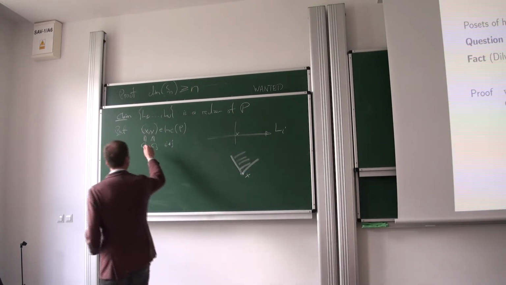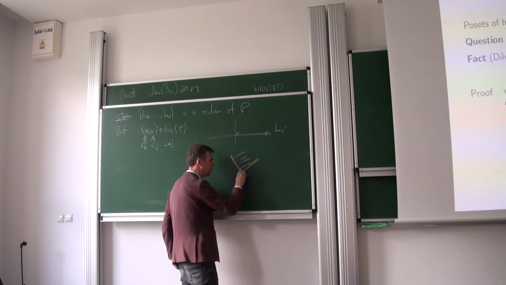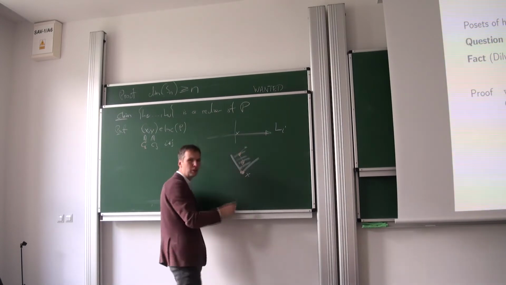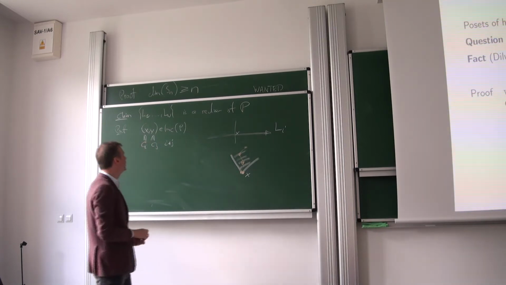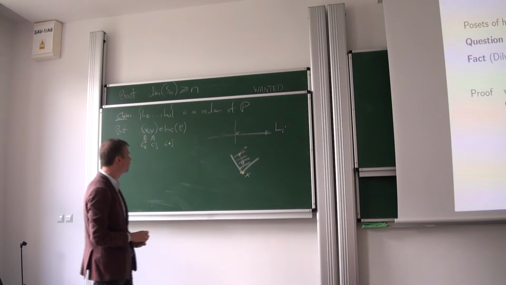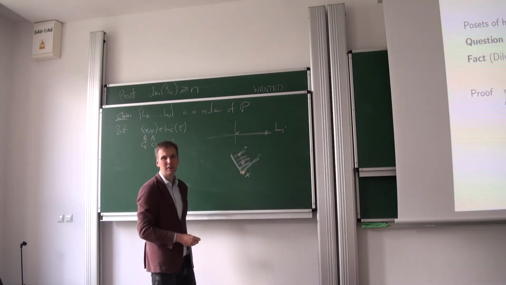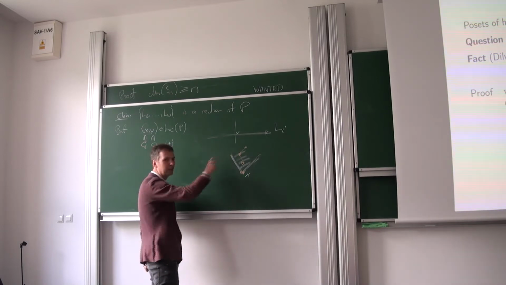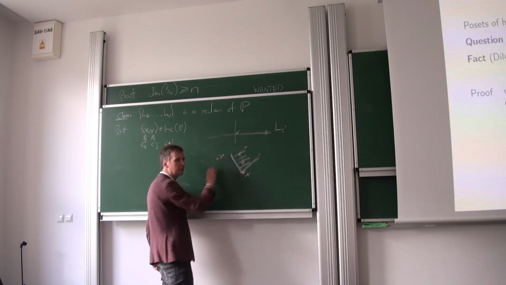Ci is an orange chain. X is orange. Maybe there are some other orange elements here. Nothing below because X is minimal. Y is incomparable with X, so Y is not here. We want to argue that Y is already taken. So suppose not, suppose Y lives here.